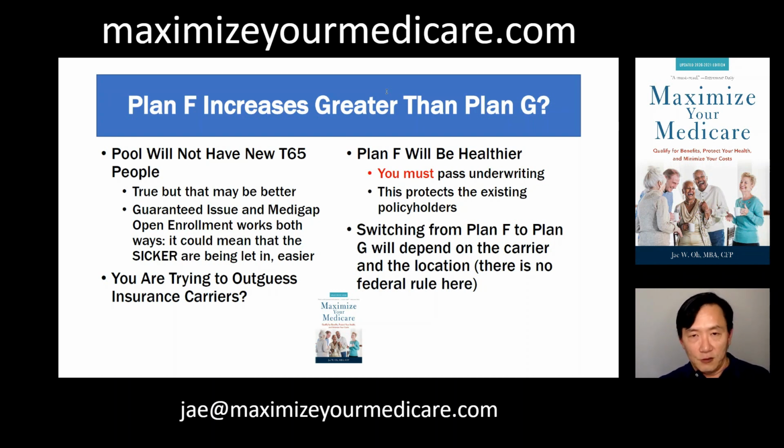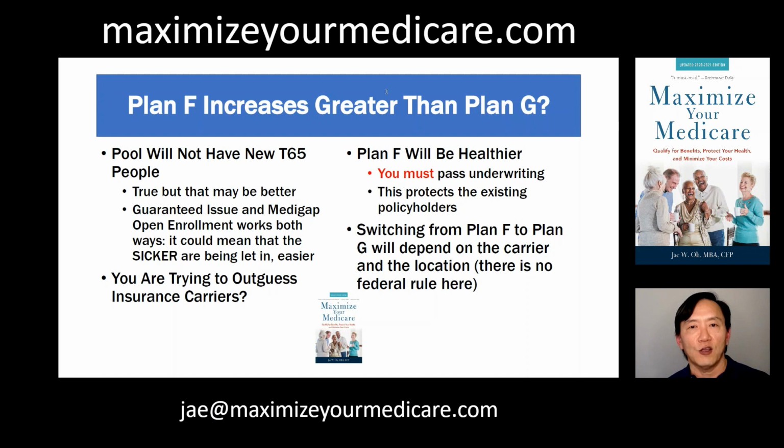Now, let me swerve back here, now that I've swerved off the path. What does this also mean? By that same relationship, I could easily say that Plan F is going to be healthier. Why? You're 67.